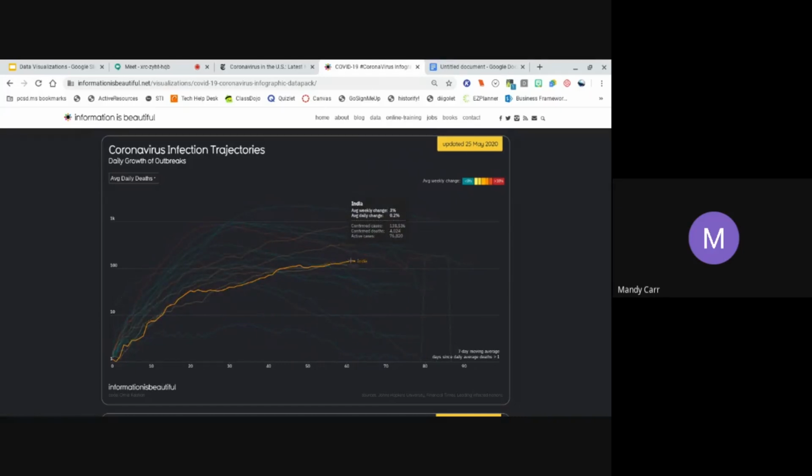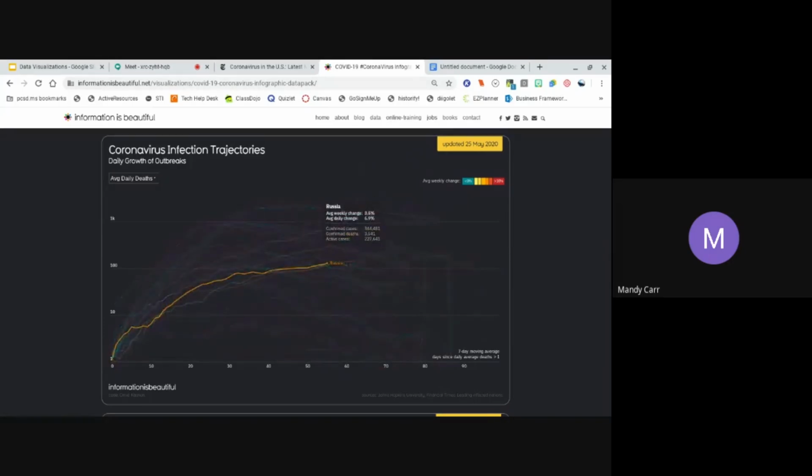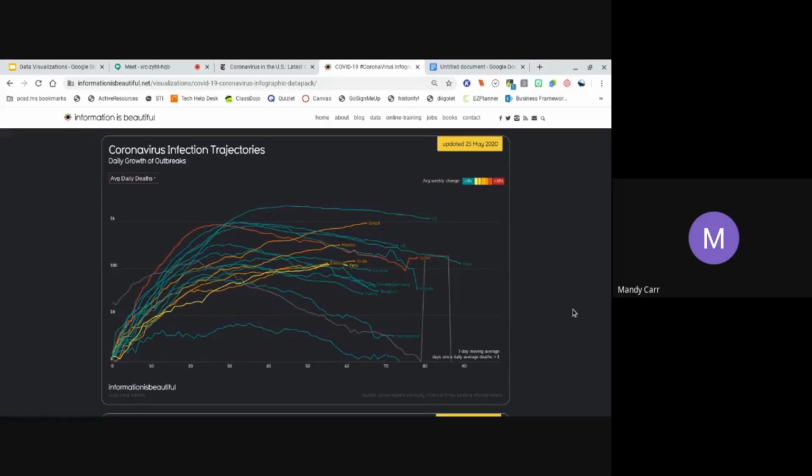India. And Peru is still kind of on the border. And then still increasing is Russia. Okay. But you can see overall from this visualization that a lot of the countries are starting to decrease in their number of cases.